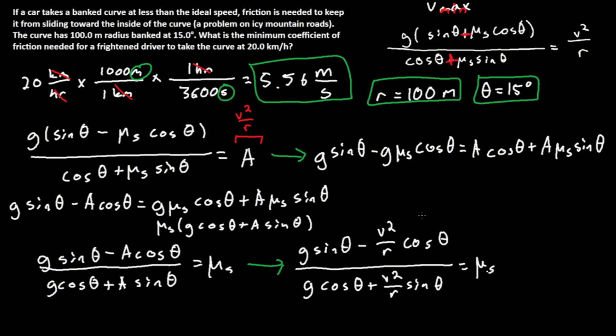And all of that's equal to mu of s. Once you plug in all these values, so this right here is your velocity, plug in for your radius, and then plug in the theta values. And gravity is just 9.8. Your static friction coefficient should equal 0.234.